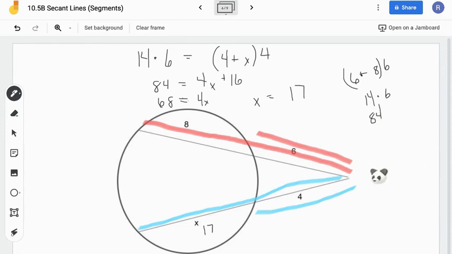Okay, now that should be equal to the other side. So on the other side we have 17 plus 4. We're going to multiply that by the outside amount. So 17 plus 4 is 21 times that 4, and we're going to get 84. So it matches, right? Both of those amounts should be equal to each other.